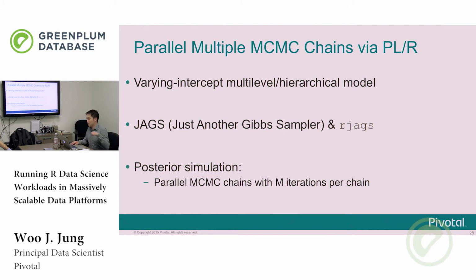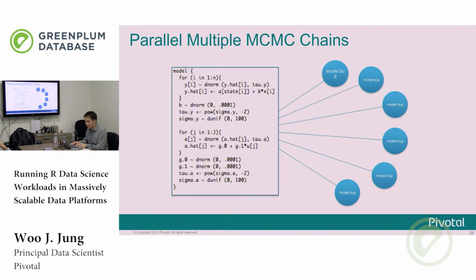And each worker function is invoking the JAGS library inside of R to run those MCMC routines, right? I'm going to quickly jump through all this because it requires some specialized knowledge of JAGS and BUGS in general, which is the code that I'm writing over here. What I'm doing is essentially defining the model that I want to run in an MCMC workflow inside of this, let's say, model.bug file.